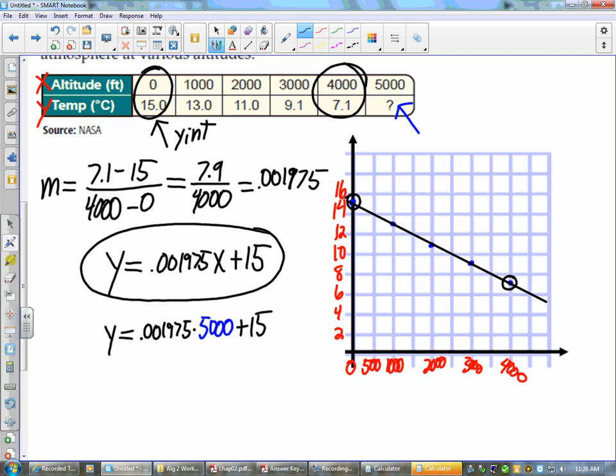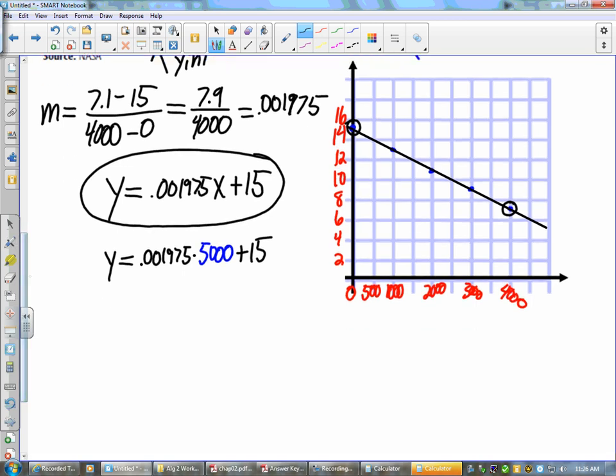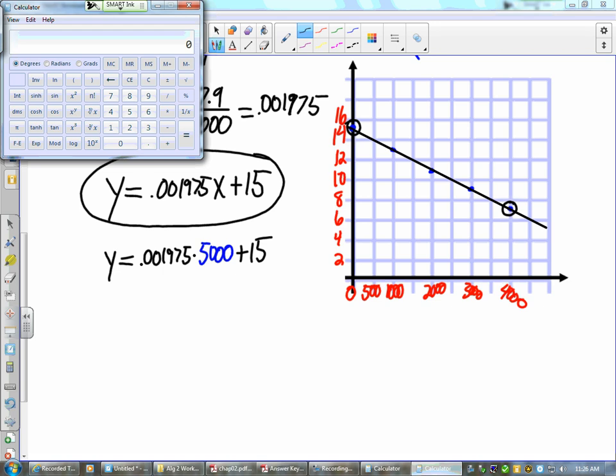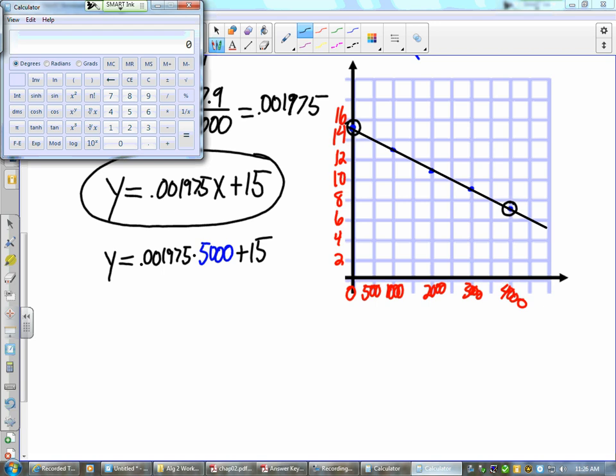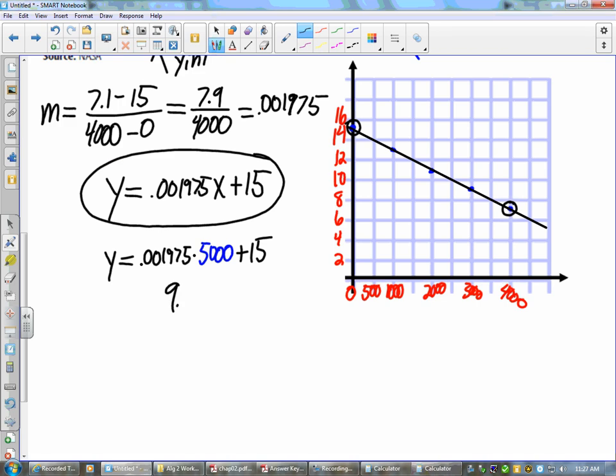So we'll grab a calculator. And we'll go 0.001975 times 5,000 equals 9.875. And then plus 15.